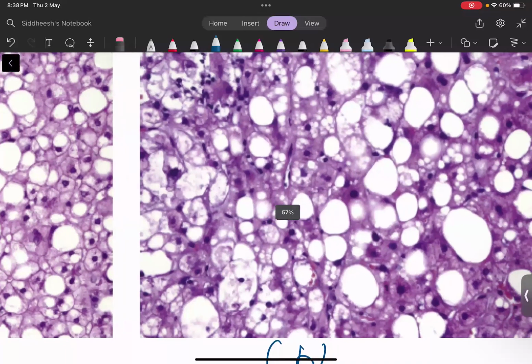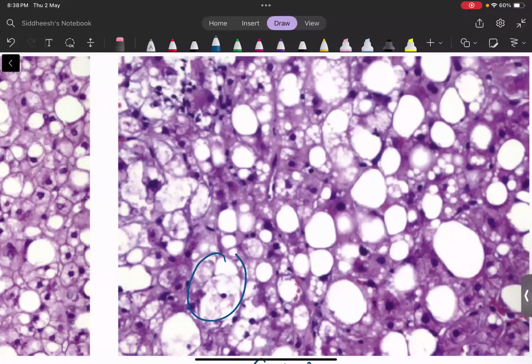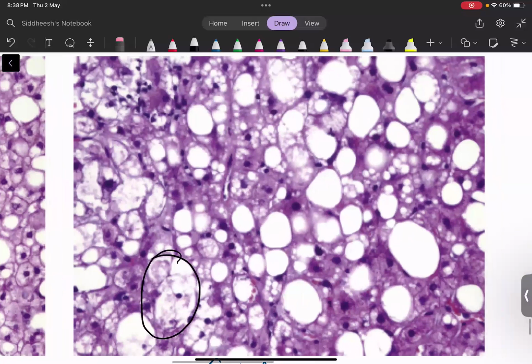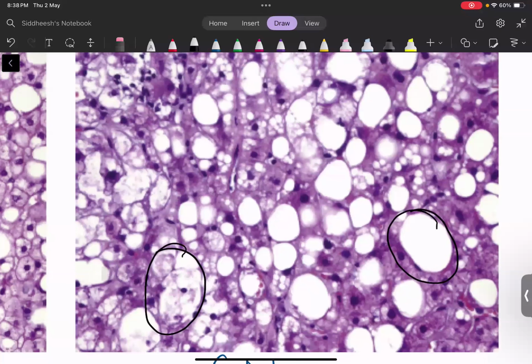So this is what? Ballooning, not blooming. This is ballooning. Yes. This is what? Macro. Cytoplasmic condensation. Perfectly fine. I'm very happy with the answer.